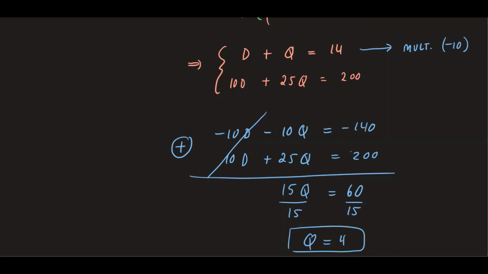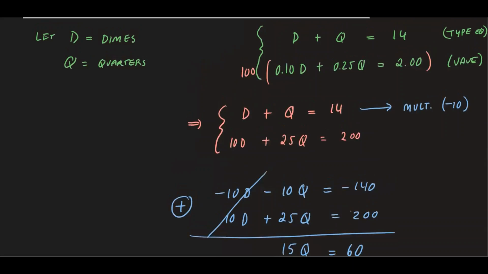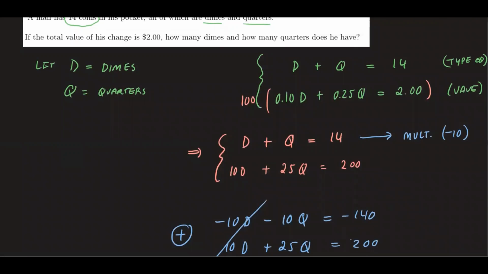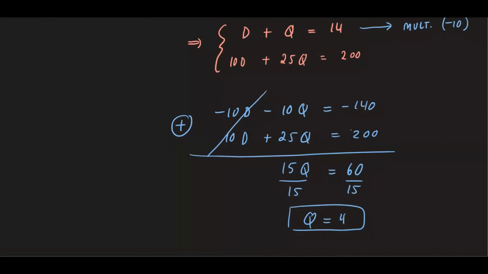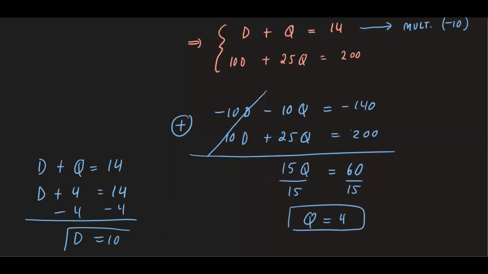Great. So now that we know how many Qs we have, we can figure out how many dimes we have by simply going back to the original system we created and grabbing any of those equations. I'll pick the simpler one, the top. We have D plus Q is equal to 14. Plug in Q, which is 4, and we're looking for the value for D. By subtracting 4 from both sides, we have D is equal to 10.